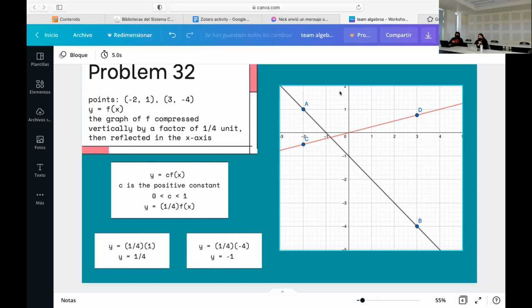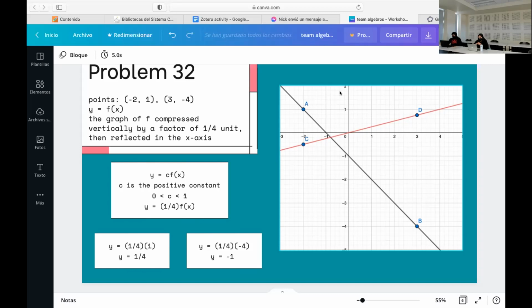So the problem says that the graph of f is compressed vertically by a factor of 1/4 unit, then reflected in the x-axis. So first we did the part that says compressed vertically. In the PowerPoint of the class, it said that when you compress vertically, y is equal to c times f of x, and c is always a positive constant.